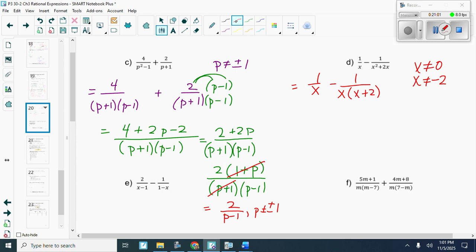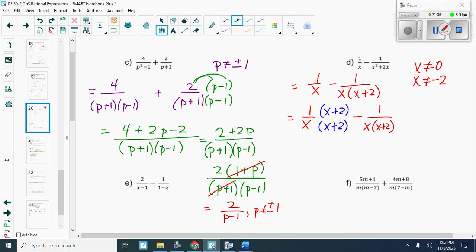What's our common denominator going to be? We're over here on D. Both of them already have an x, but this one has an x plus 2, so I have to make the other one also have the x plus 2. So what that looks like, we're going to do this. Then we're going to multiply what it's missing, and then -1.